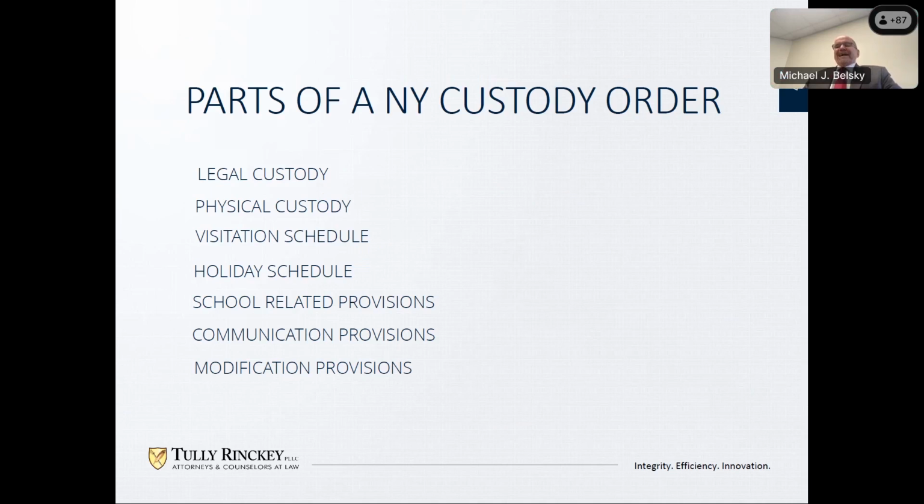That is where the child or children live primarily with one party. The party who the child lives with does not have to discuss any health, education, or welfare issues with the other party. They make all the decisions.